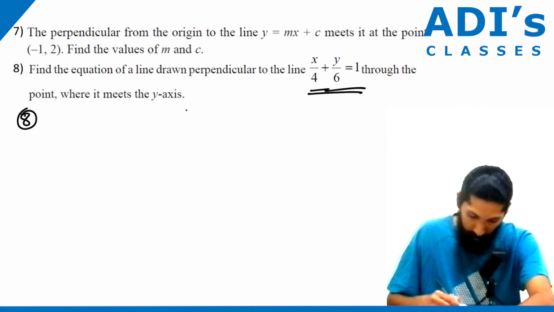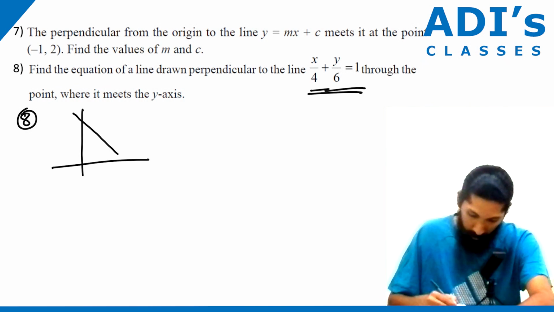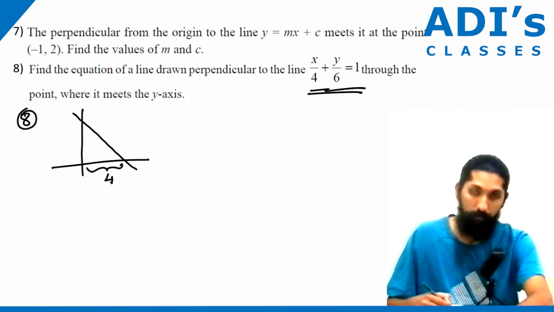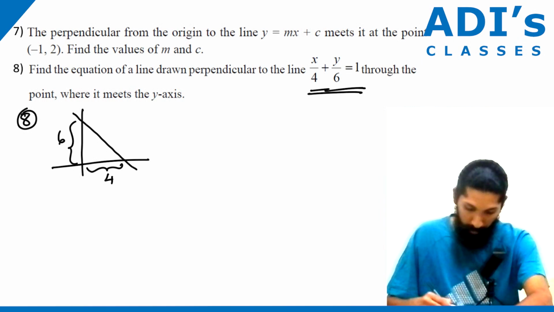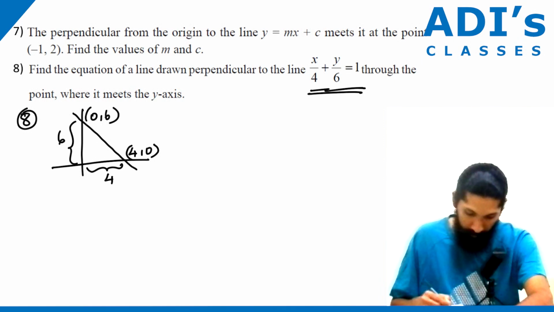So first we have, this is 4, this is 6. This point is 4 comma 0 and this point is 0 comma 6. The slope is going to become minus 6 divided by 4 or minus 3 by 2.